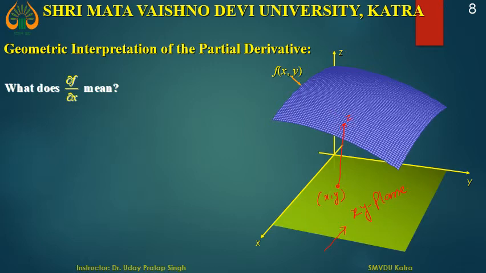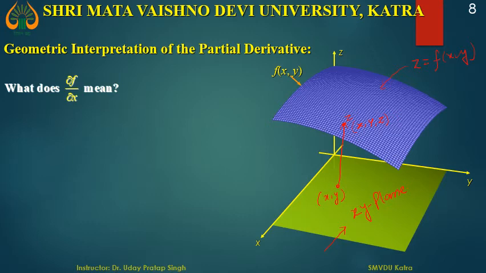Now, what is this point? This point is represented as x, y, and z in 3 dimensions. And the blue part that you are seeing is z equal to f of xy.